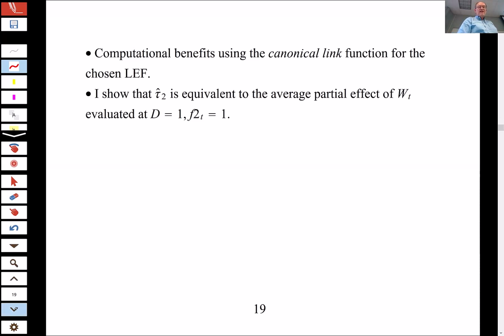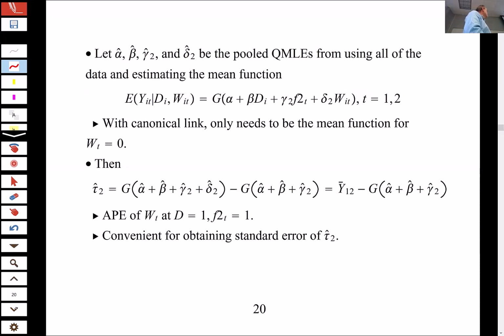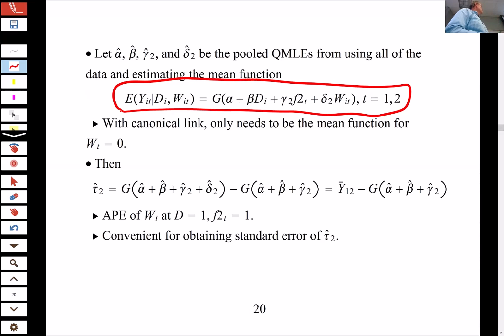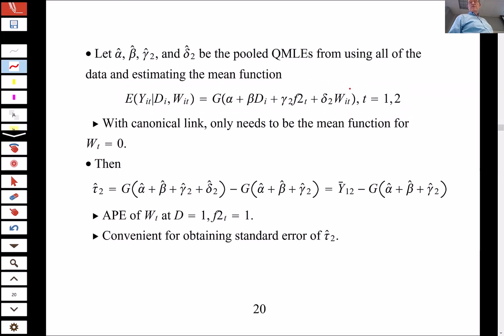I'm a Stata user, and Stata makes this particularly simple. I know I put too many equations on these slides. I tried to cut them down, but it was hard. All we have to do is use this model here, where G is something like a logit function or an exponential function, do exactly the same thing as we did in the linear case, pool all the data together, run a logit or Poisson regression, and then just compute the partial effect with respect to the treatment variable, not with respect to these, which are the controls.